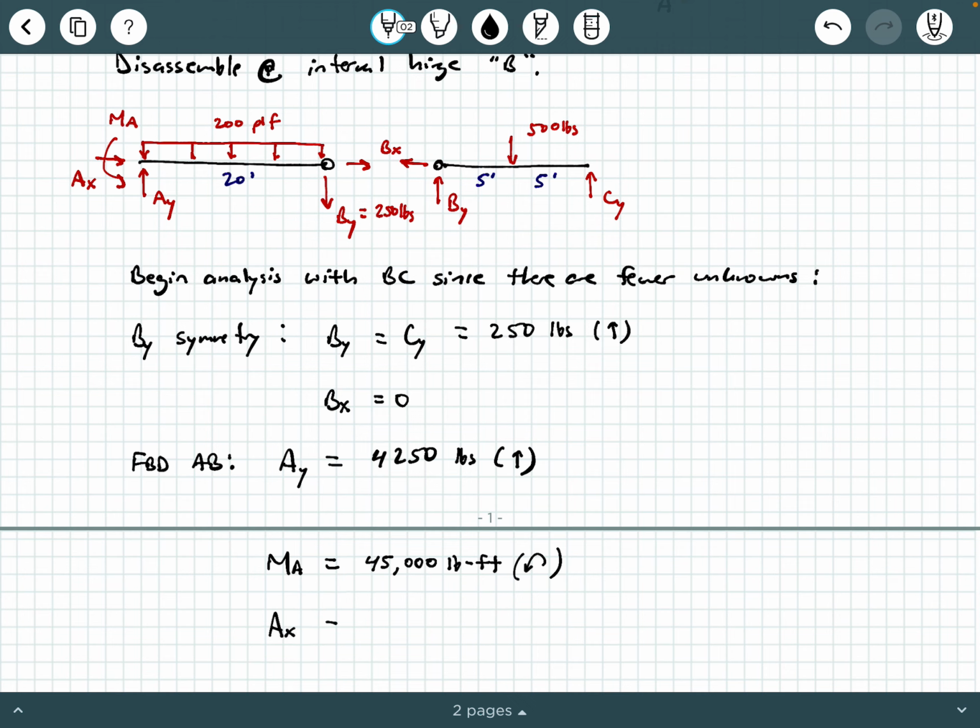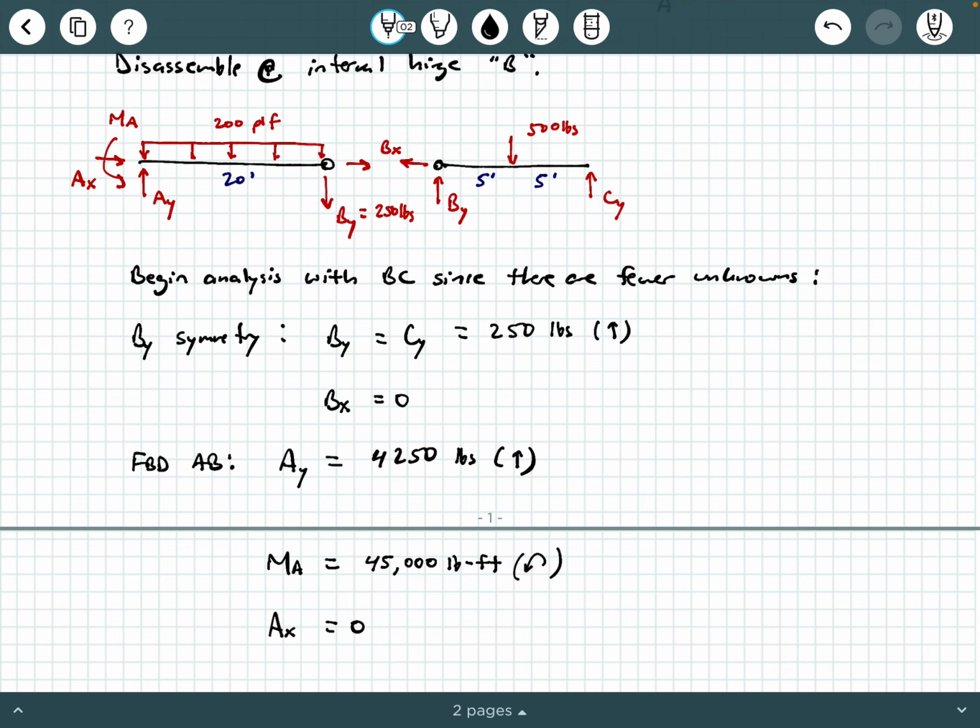And then of course AX is 0. Now I went kind of quickly through this because this process is really just statics. This is basic beam analysis of a compound beam that you should have gotten in a statics course, not really a mech of materials course, which is why I kind of skipped some simple steps here.